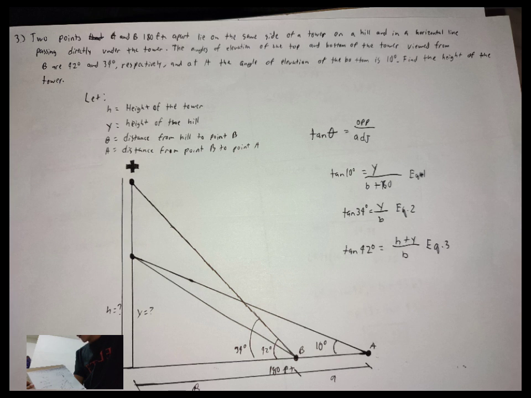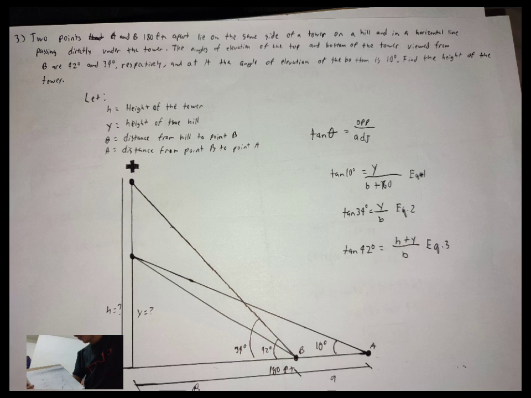The angles of elevation of the top and bottom of the tower viewed from B are 42 degrees and 34 degrees respectively, and at A the angle of elevation of the bottom is 10 degrees. Find the height of the tower.